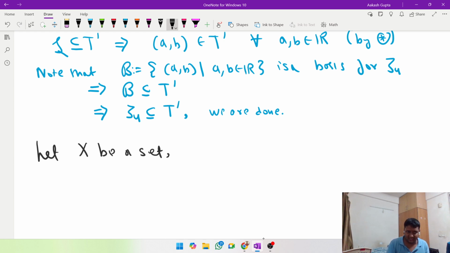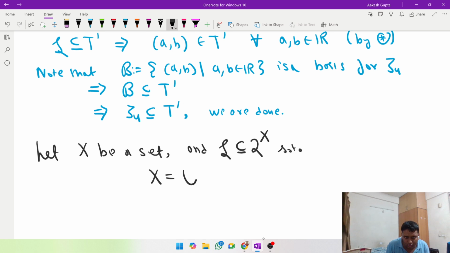So let X be a set and script S be a subcollection of 2 to the power X, with a very important condition. The condition is that X is the union of the members s in script S. This is a very important condition.